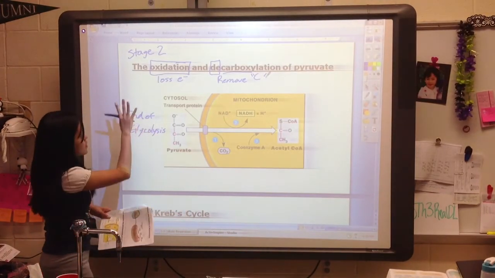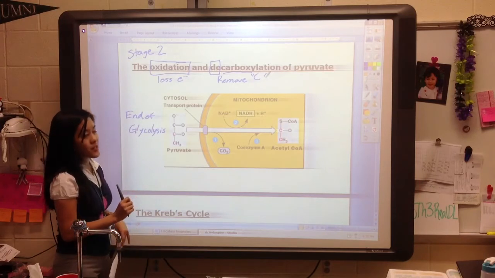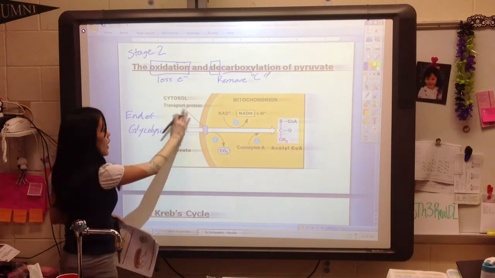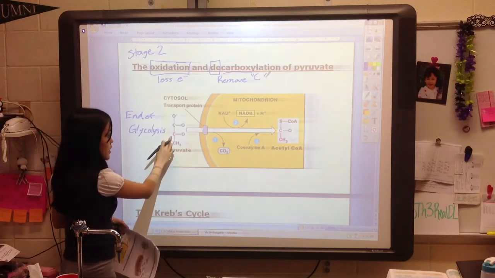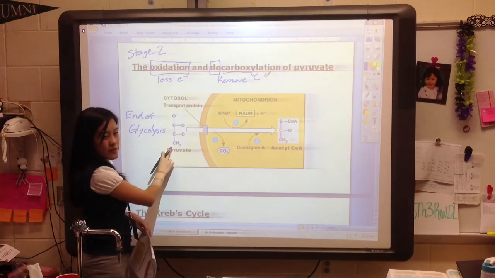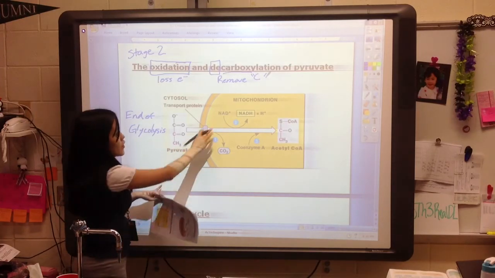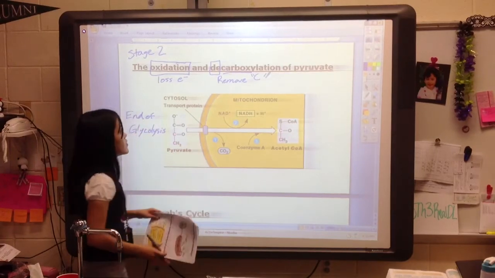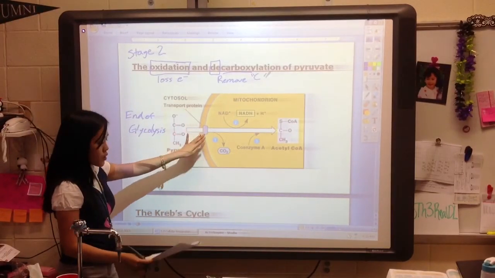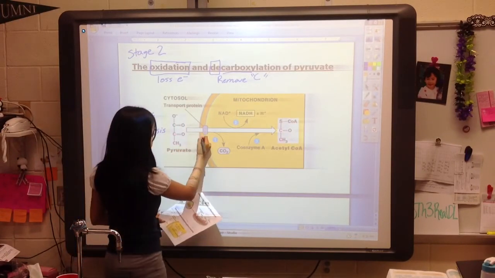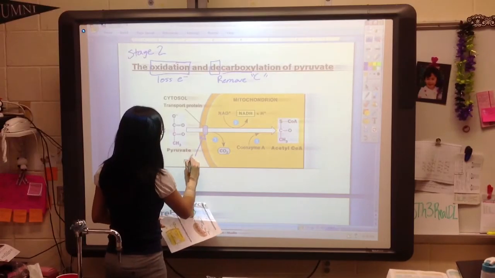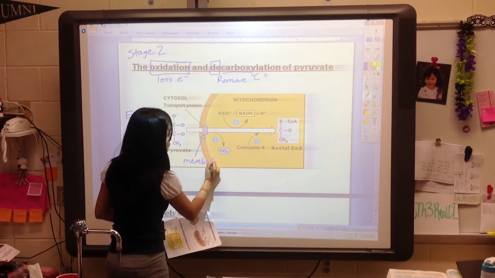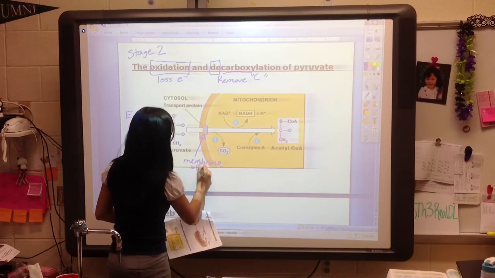So what happens in the oxidation and decarboxylation of pyruvate? Well, you have your pyruvate molecule, and notice how these two carbons are in a different color. Remember that we are removing a carbon. So you actually have a transport protein. This is happening within the membrane of the mitochondria.